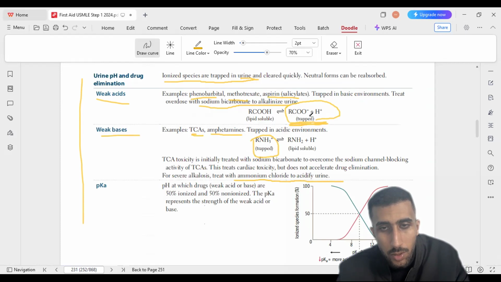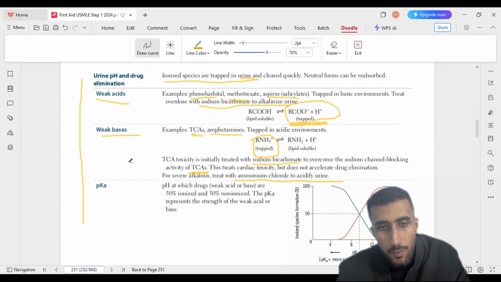This is the trapped form, which is the form you're going to excrete, and you will be able to excrete more of this toxic stuff if you have toxicity. So with tricyclic antidepressants, the toxicity is initially treated with sodium bicarbonate, but the sodium bicarbonate for the tricyclic has another role: to overcome the sodium channel blocking activity, the cardiotoxicity.